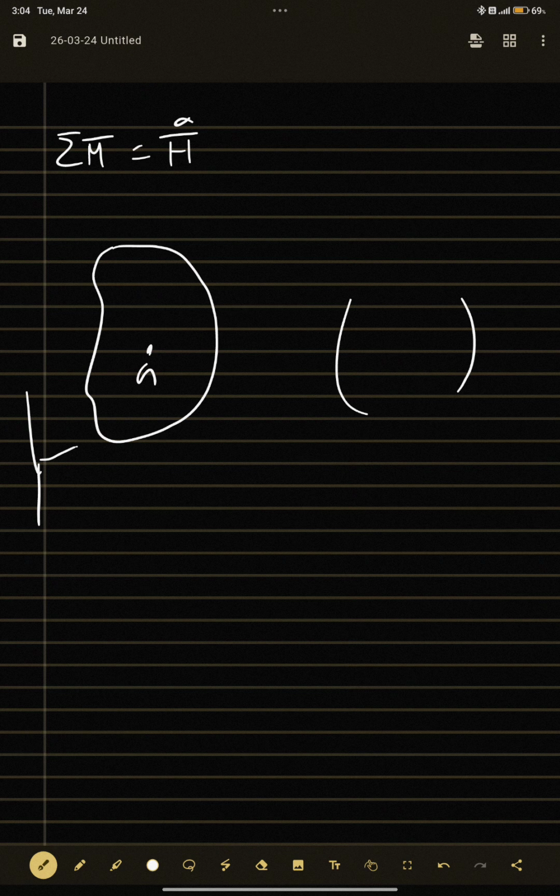And we found that this inertia tensor can be simplified by a suitable choice of coordinate system. What was that suitable choice? Principal axis. So in principal axis, the off-diagonal terms were 0. When you write about a certain axis which is known as the principal axis, the inertia tensor diagonalizes.